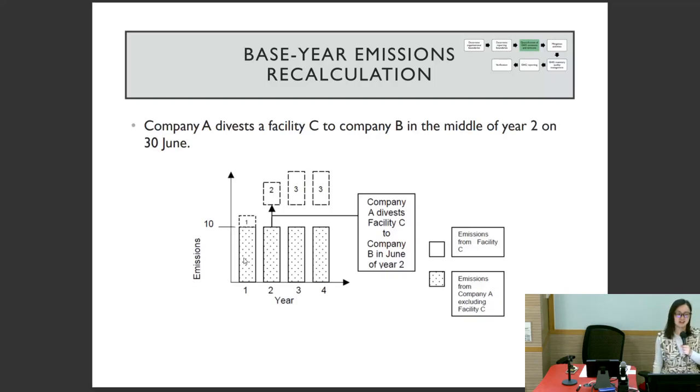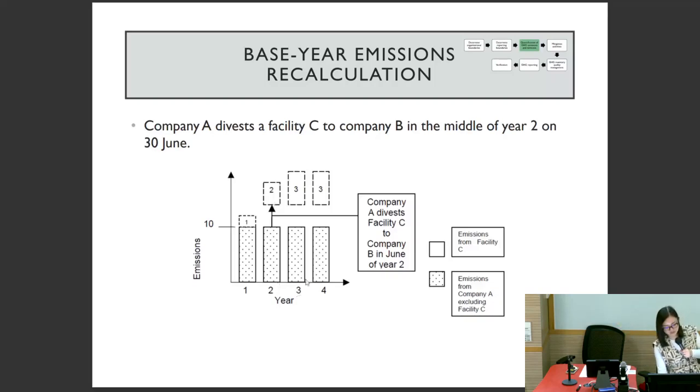And apart from acquisition, there is also divestment. So like here, Company A originally owned Facility C, but it sells Facility C out to another company in the middle of the year.